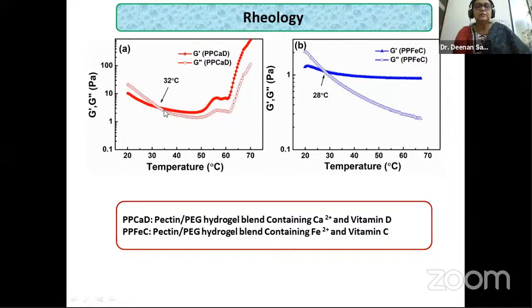The increase in storage modulus is seen here, which shows that the elastic property of the material increases, whereas the viscous property decreases. This is the important finding. That means hydrogel formation has taken place. Here also the same.